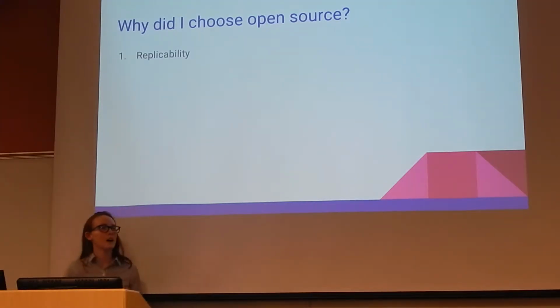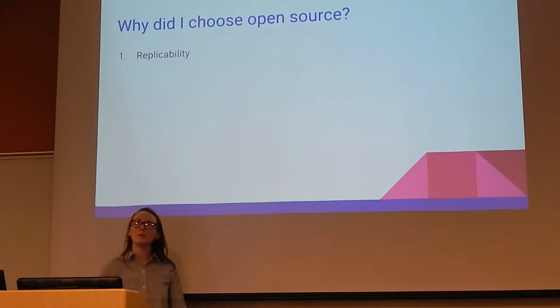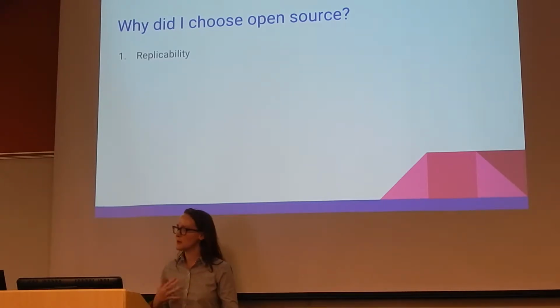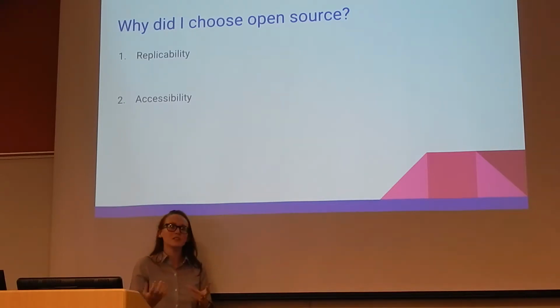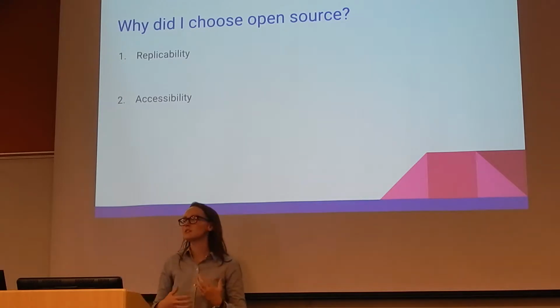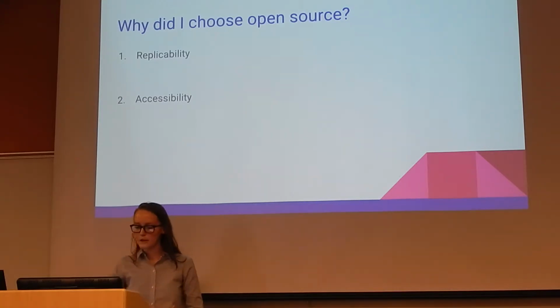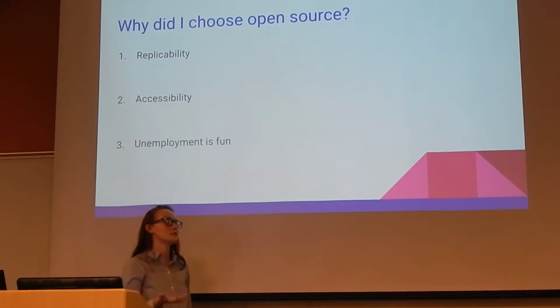I mean, I probably don't have to necessarily justify it to this crowd, but I did want replicability. So I wanted people to be able to replicate this regardless of where they're working, regardless of what their financial situation may be or where they're housed. And also that increases the accessibility. So people can not only say, oh, I could recreate this or do my own project, but it's accessible. It's software that you can download for free. And also, unemployment is very fun.